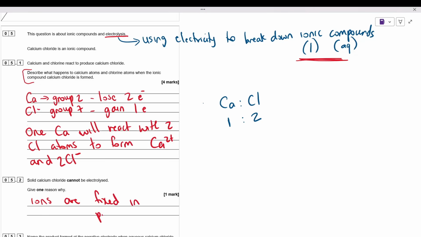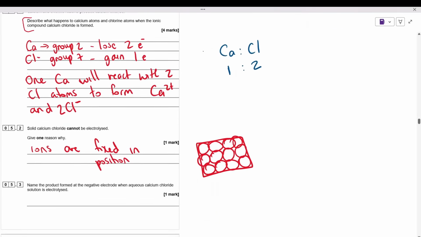If you go back to key stage 2 or key stage 3, when you're drawing the structures of solid, liquid, and gas, remember that solids are always fixed in place, which means they're just vibrating. So they cannot move about in order for electrolysis to take place. But if it's in the molten form or the aqueous form, then those ions are free. They can move about, and that's what is required for electrolysis to take place.